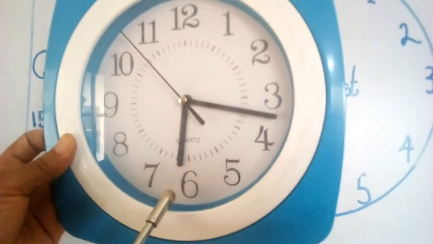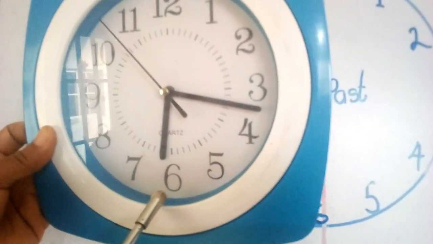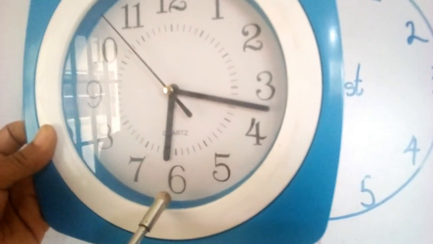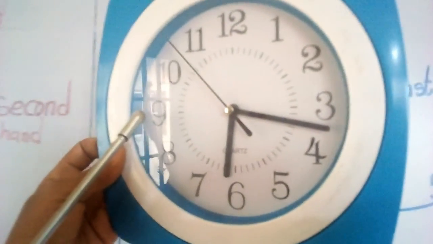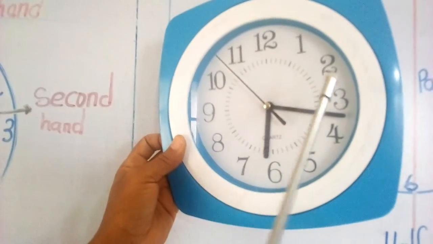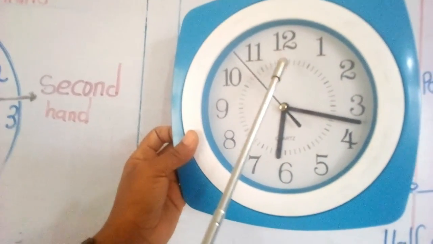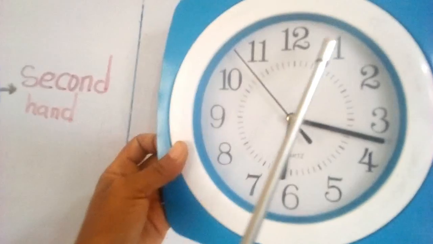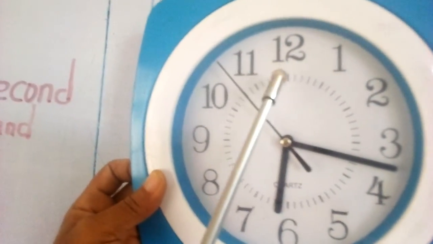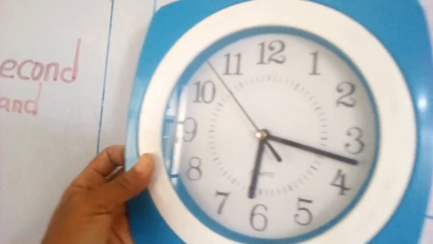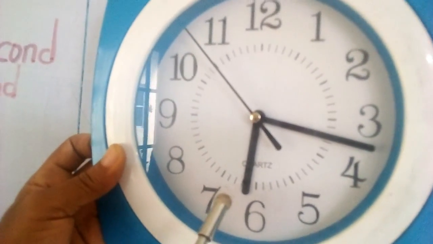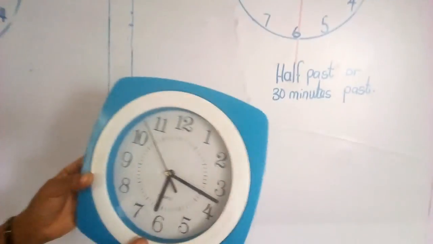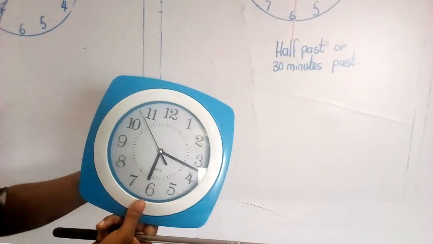If it moves to 6, it's half past or 30 minutes past. If it gets to 9, it's quarter to. And do not forget that each increment from one number to another contains 5 minutes. So to read the time, always remember to look at the hour hand first, and then check the minute hand to count. So today we are able to look at past.